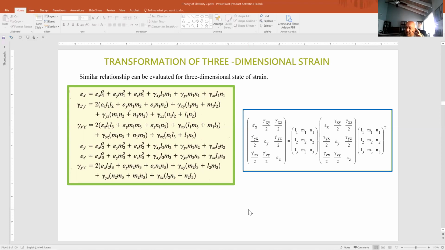If that transformation matrix is defined, the strains from the new coordinate system to the old coordinate system are defined based on the same rule of transformation we defined for the stresses. Again, notice that half of the shear strain is placed in these matrices, both in the new coordinate system and the old coordinates.